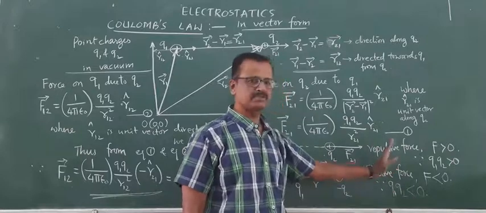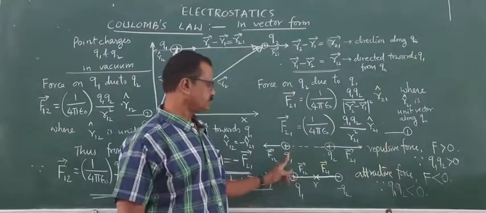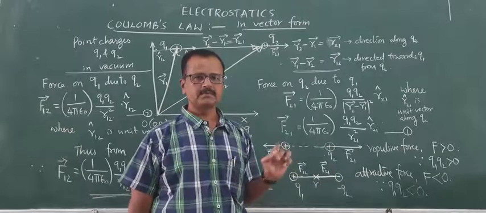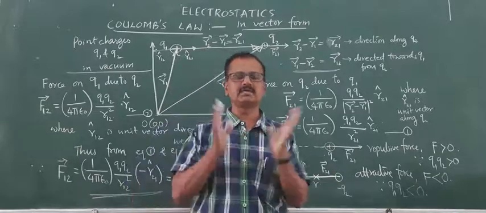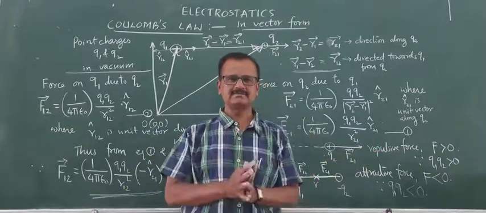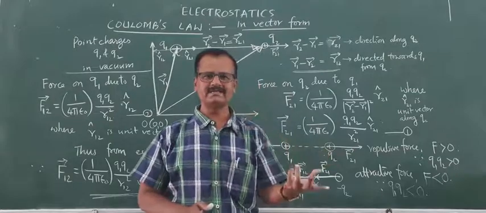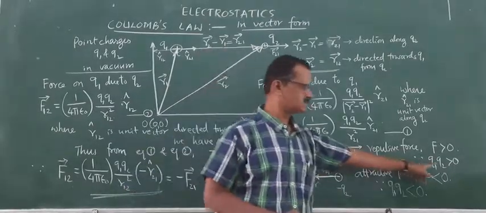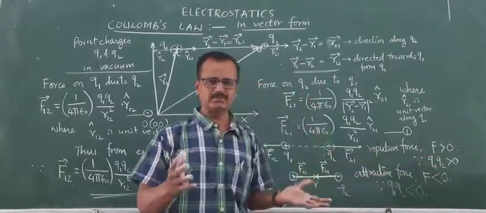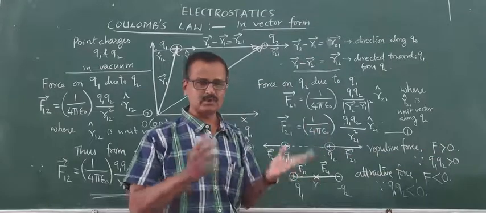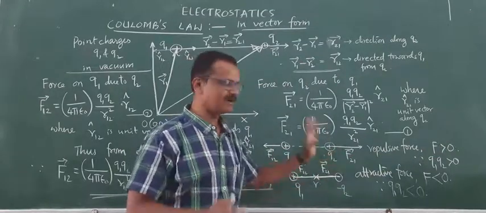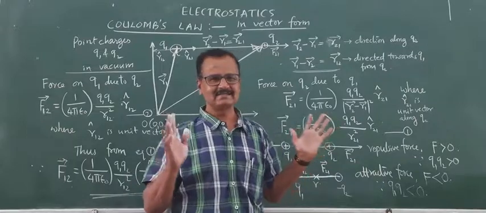Force is repulsive if and only if the product is positive. The product is positive if and only if the charges are like charges. When Q1 and Q2 are like charges, the product is positive, the force is positive, and that is nothing but repulsive force.